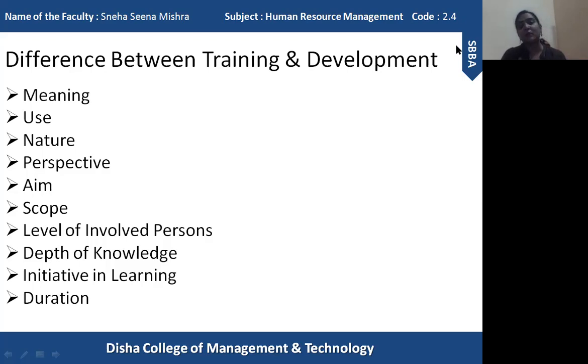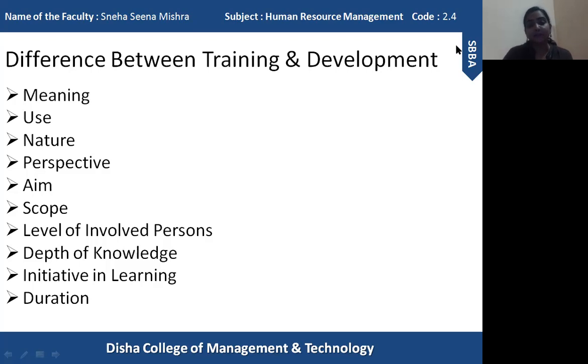It focuses on developing the employee in each and every step, so that the person can move forward in his or her career, can get promotions, and can do different kinds of challenging jobs in his or her career. So that is the perspective of training and development.